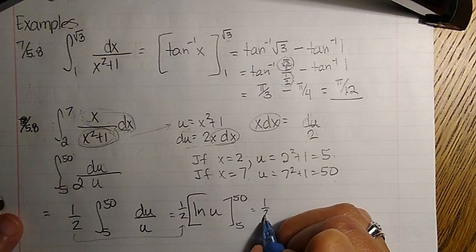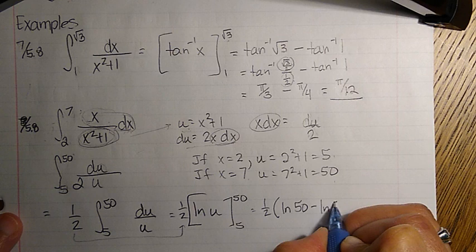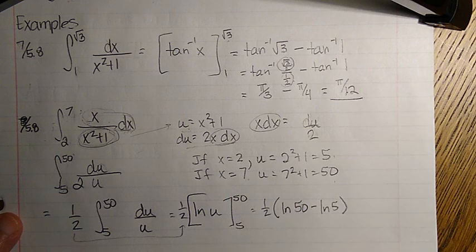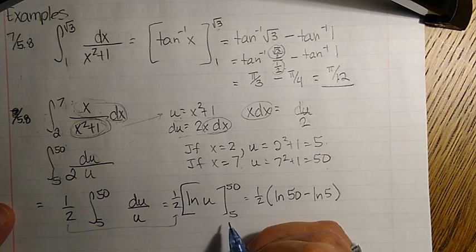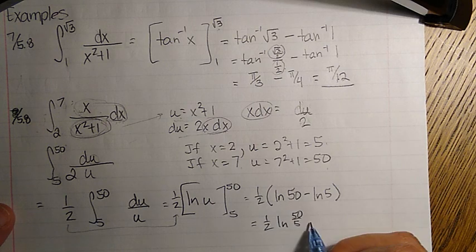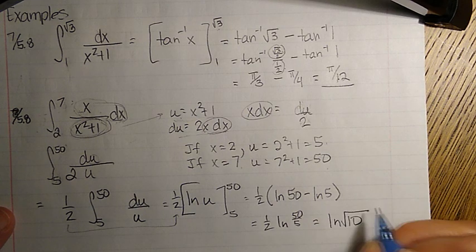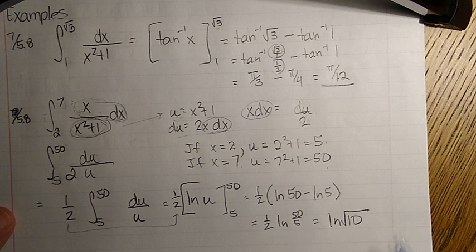And so this is 1/2 times natural log of 50 minus natural log of 5. Using my logarithm properties, I get 1/2 natural log of 50 over 5, which reduces to 10. That's 1/2 natural log of 10. Review your logarithm properties to see how we get to this last step. That's just natural log of 10 to the 1/2, and I did the power rule to float that up top.